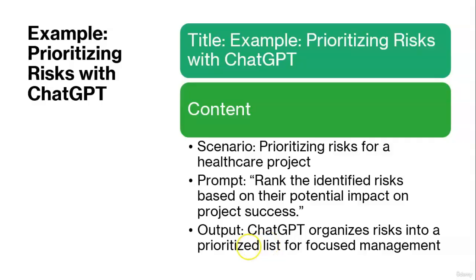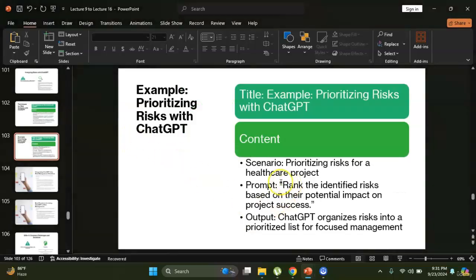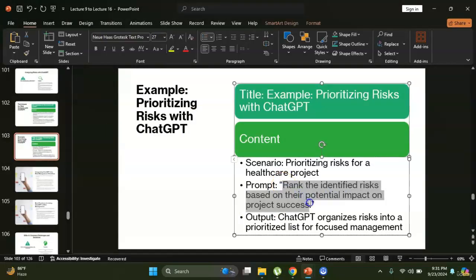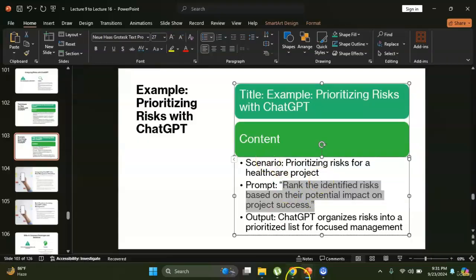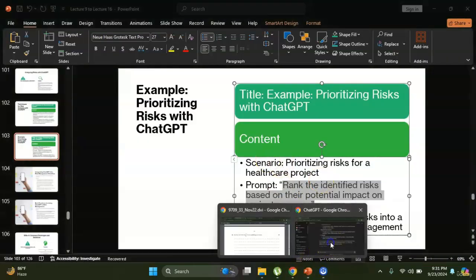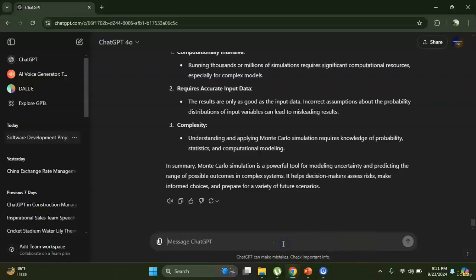So let's go through this example in the ChatGPT window. Rank the identified risks. I am going to the ChatGPT window here and giving the prompt. Based on this, the chat window will give the output.